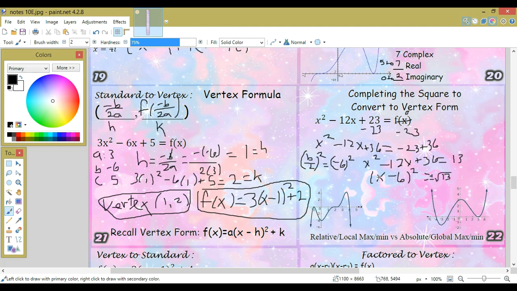Take the square root of both sides to get rid of the square. We have a plus or minus. Now, that would be to solve it, but we only want the vertex form. So from here, we just move the 13 back to the other side and put f of x back. So our vertex form would be x minus 6 squared minus 13 equals f of x.